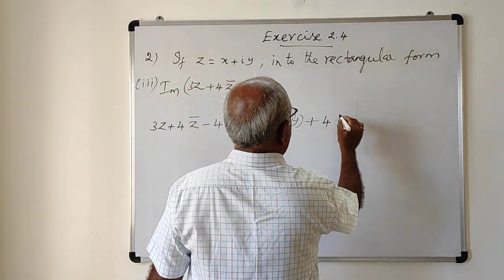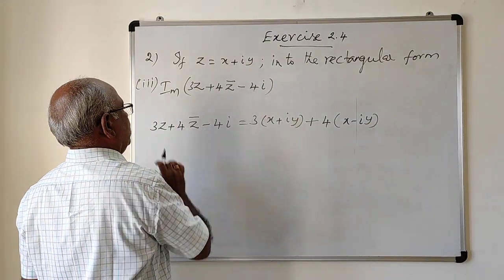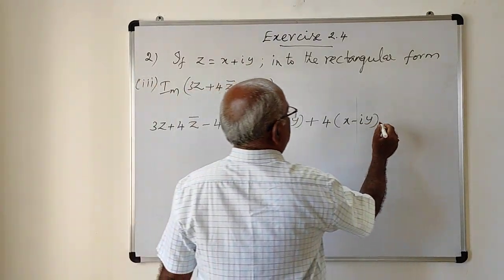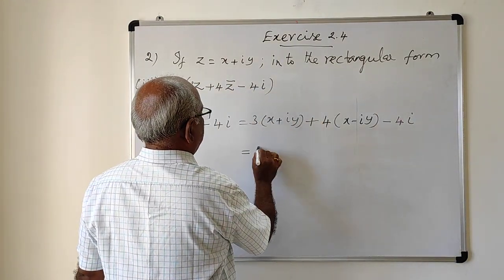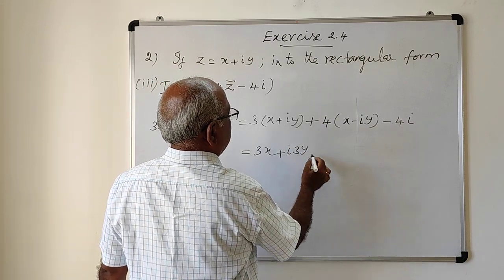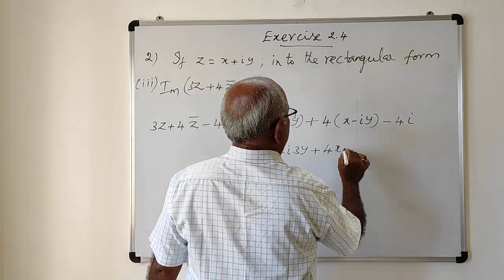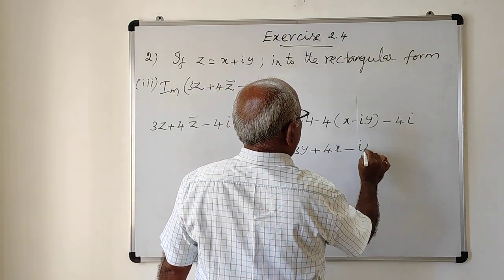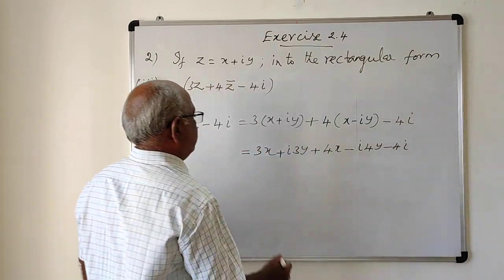z bar is x minus iy because z is x plus iy. Minus 4i. Simplification, you will get 3 into x is 3x plus i into 3 into y, 3y, plus 4 into x, 4x, minus i times 4 into y, 4y, minus 4i.